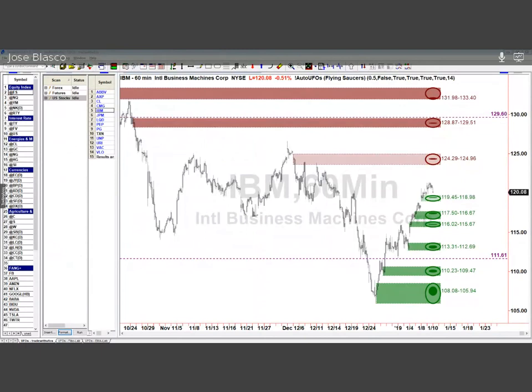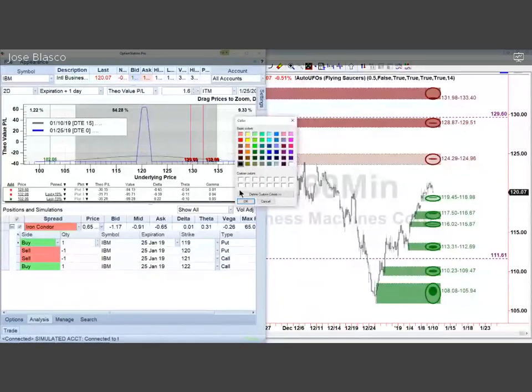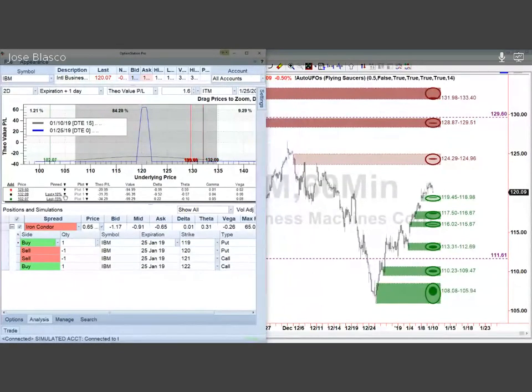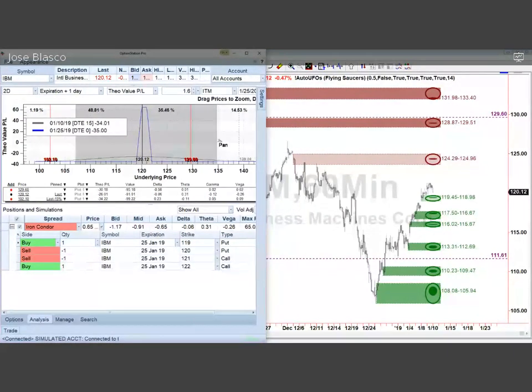Okay, and the bottom part we are going to make red, and it's going to be 111.61.